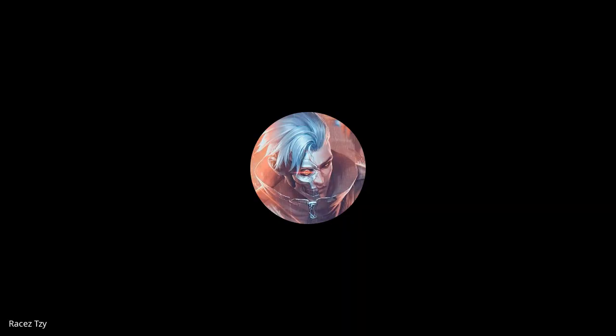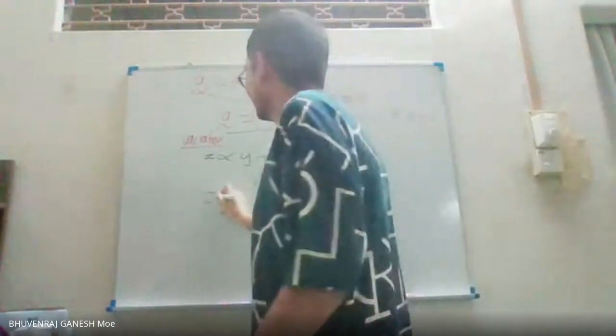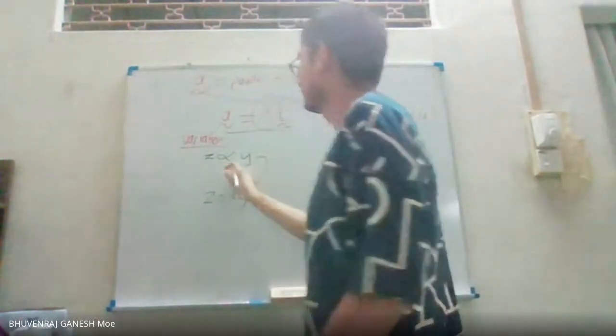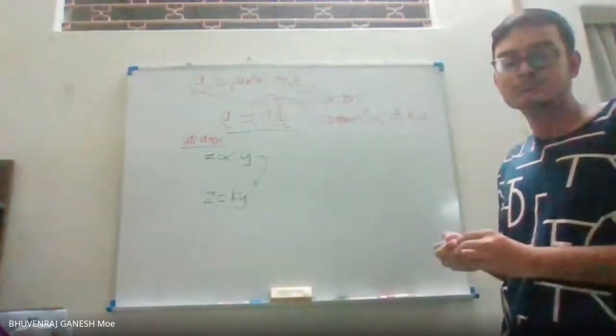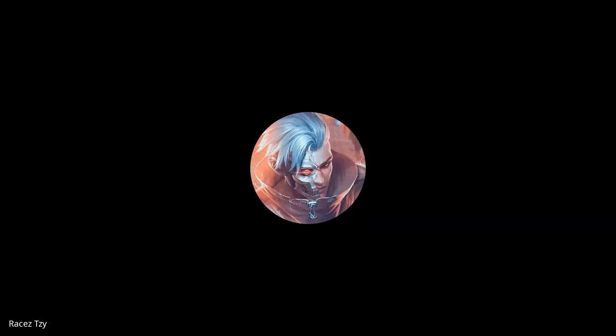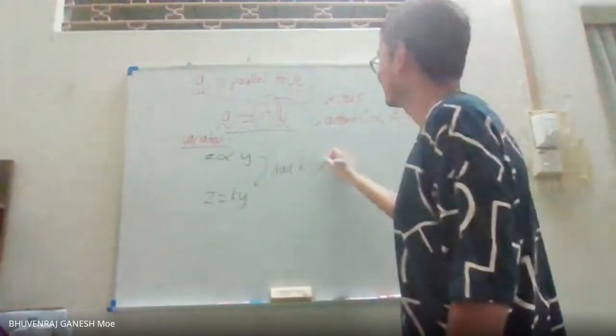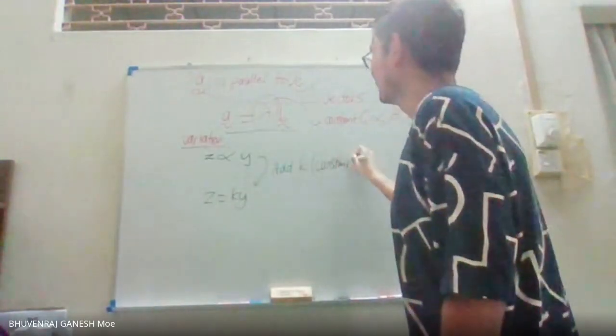Z equals ky. Yeah. So how do you convert from variation to equation? You add the k. So what is the k? Constant.